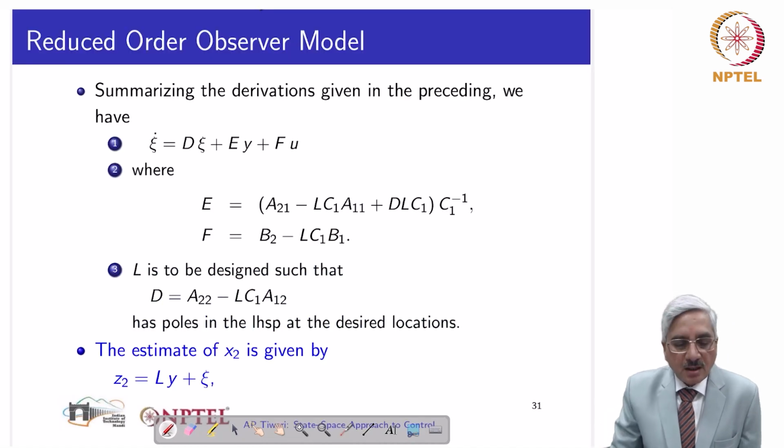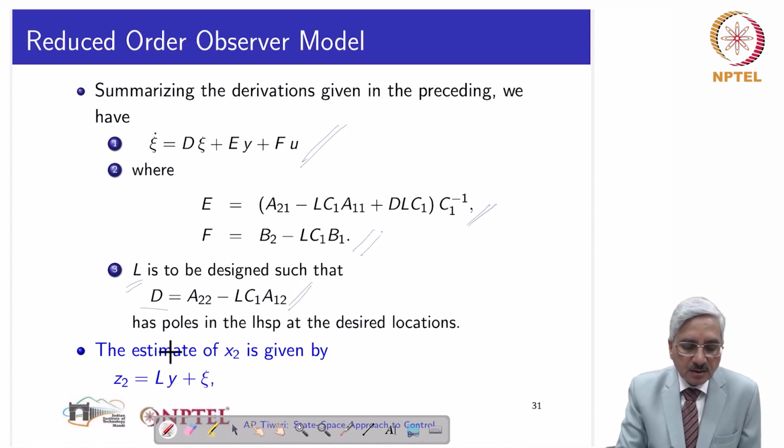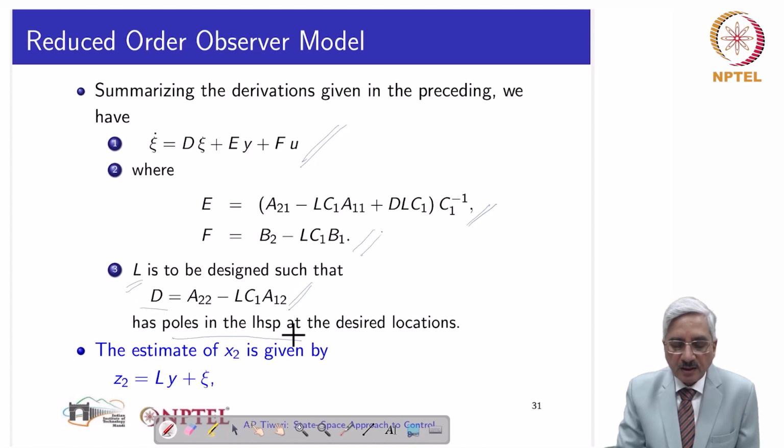This one, that the reduced order observer is a dynamical system governed by this equation, in which D, E and F are to be found out. So based on the derivations, we found out that E will be this much, F will be this much, and D will come from this equation, with the consideration that L has to be obtained such that D has poles in the left half S-plane at the desired location.